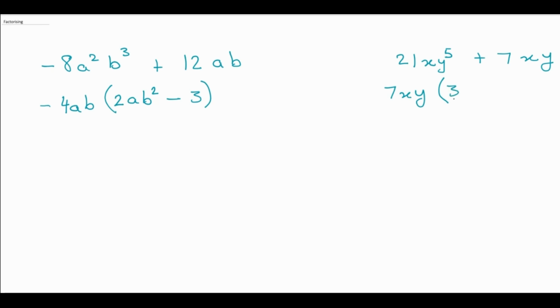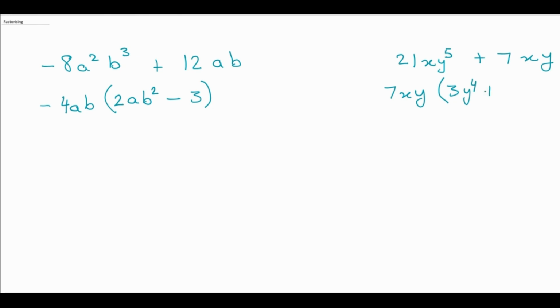Let's now move on to our letters. X times what gives us x. We know x times 1 gives us x, so I don't need to put in any x's over here. Y times what will give us y to the power of 5. We know y times y to the power of 4 will give us y to the power of 5. So that's our first term done.